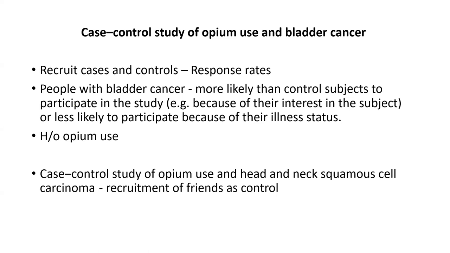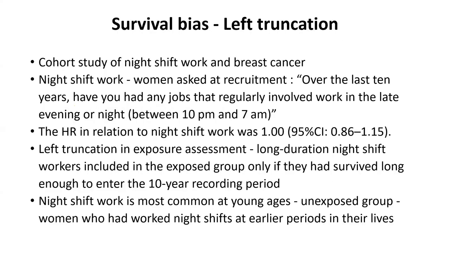The problem here is the use of opium in the friends can be very close to the use in cases. So this can underestimate the association between opium use and bladder cancer. So choose your cases and controls, and try to see how you can get authentic information about exposure.